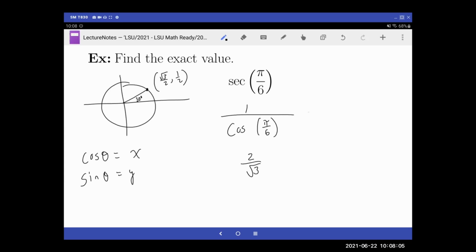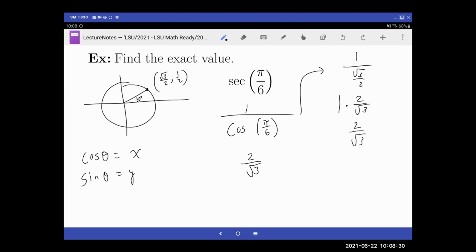You could think about it like 1 over the square root of 3 over 2. But remember, when you divide by a fraction, you're really multiplying by its reciprocal. That gets you back to 2 over the square root of 3. Either way you think about it, as a reciprocal right away, or as 1 over the fraction, you end up with the reciprocal.